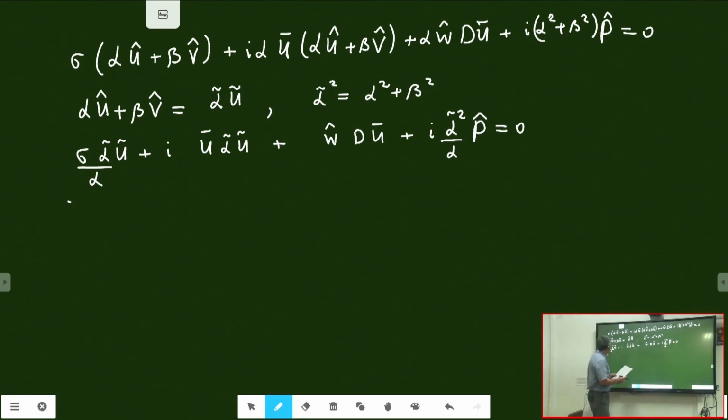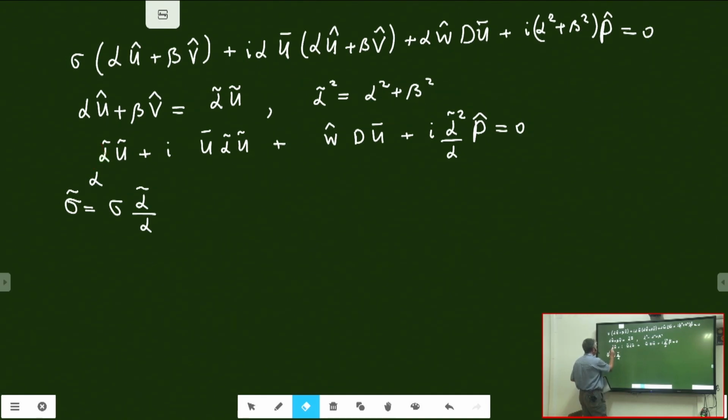Okay? So, I will introduce another thing just to hide this alpha. So, I will introduce sigma tilde, which is equal to sigma alpha tilde divided by alpha. Okay? So, and if I do so, now I don't need this. And this is simply sigma tilde. Okay? So sigma tilde, alpha tilde, so that has not been changed yet.